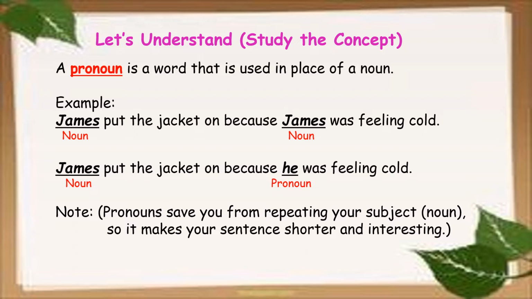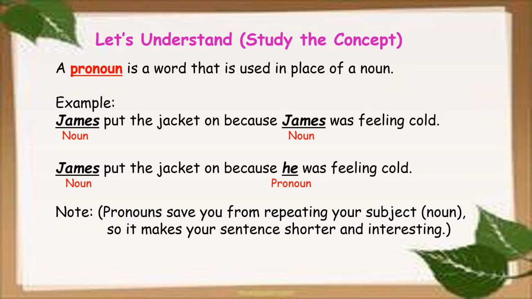James put the jacket on because James was feeling cold. Now, for you not to keep on repeating the word James, or the noun James, we need to replace the noun James with a pronoun.